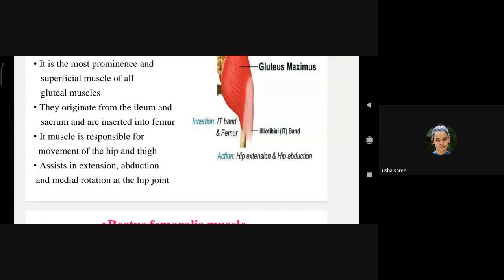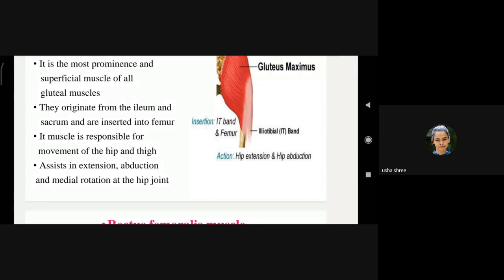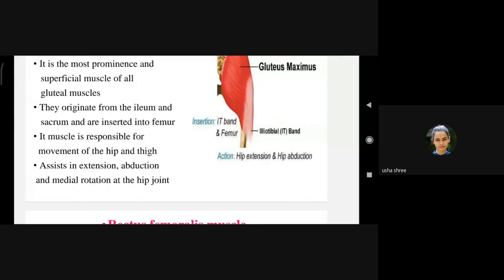Just imagine when we are doing Vakrasan or Gomukhasan, this muscle is extending or abducting our hip joint. This muscle is also stretched by doing Vakrasan, Gomukhasan, or Matsyendrasan, right?